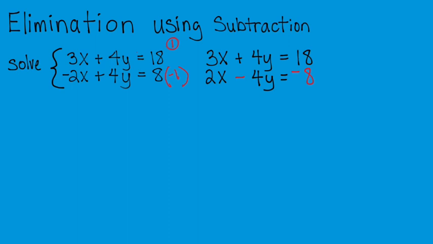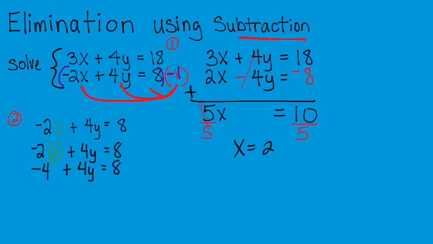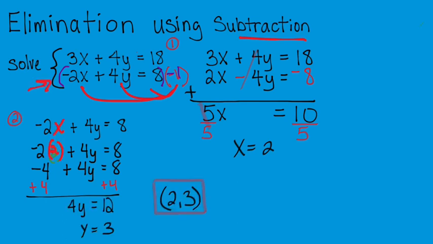So I distribute a negative 1 to that whole equation. I did here, here, and here. Now when I add up the equation, it eliminated the 4y. It's mathematical. And I can solve for the x, substitute in, and solve for the y. Yep, there's my one shared solution.